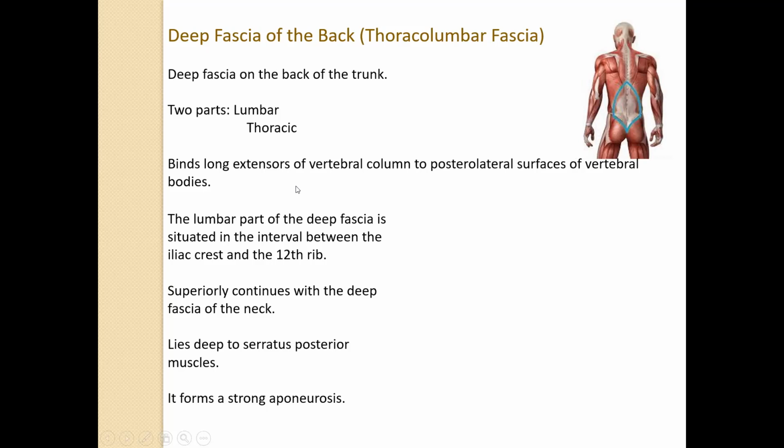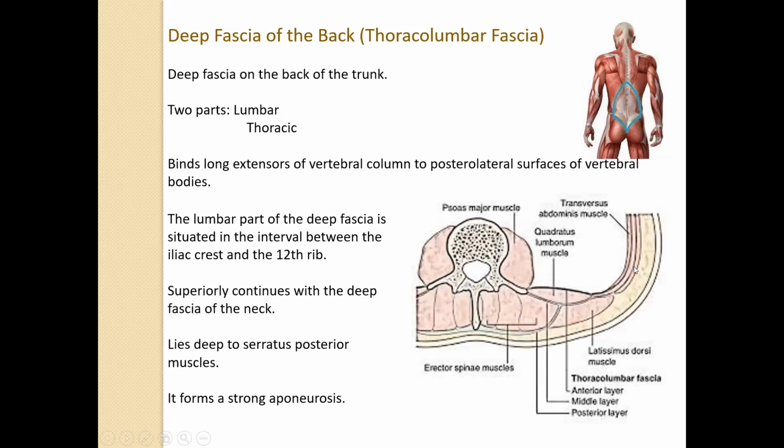And this fascia is a thick sheet which forms a strong aponeurosis, and it binds these long extensors of the vertebral column to the posterolateral surfaces of the vertebral bodies. And then it usually continues superiorly with the deep fascia of the neck and lies deep to the serratus posterior muscles.